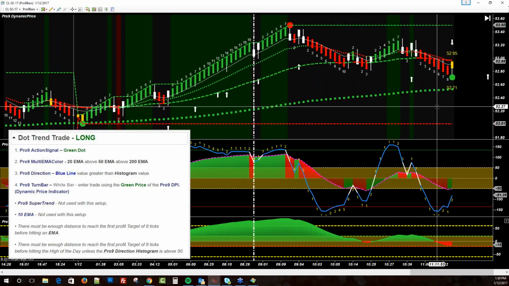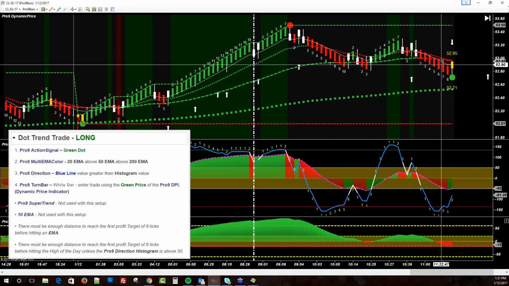So our rules for the dot trend, of course, our first clue is going to be our green dot. And the dot will just appear somewhere in the middle of the run. It's simply a price swing indicator letting us know there is a possible price swing on the horizon.